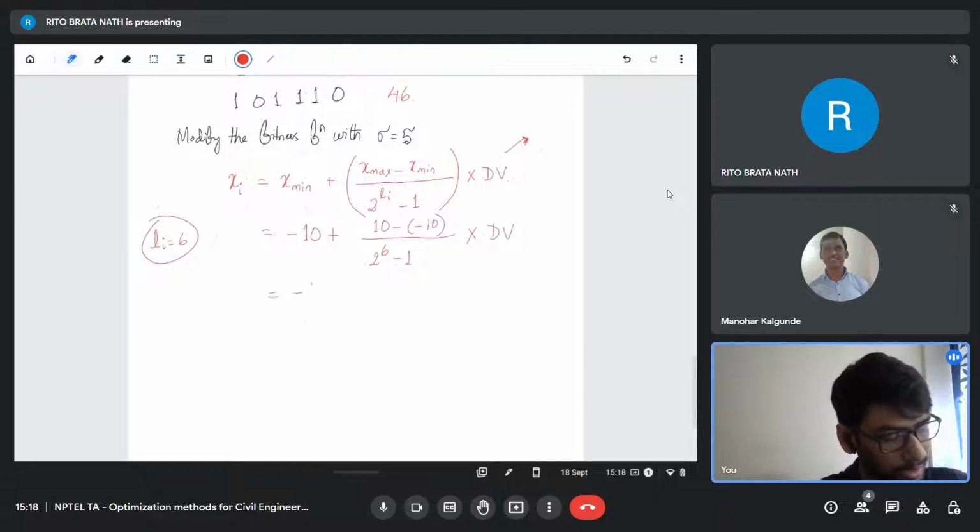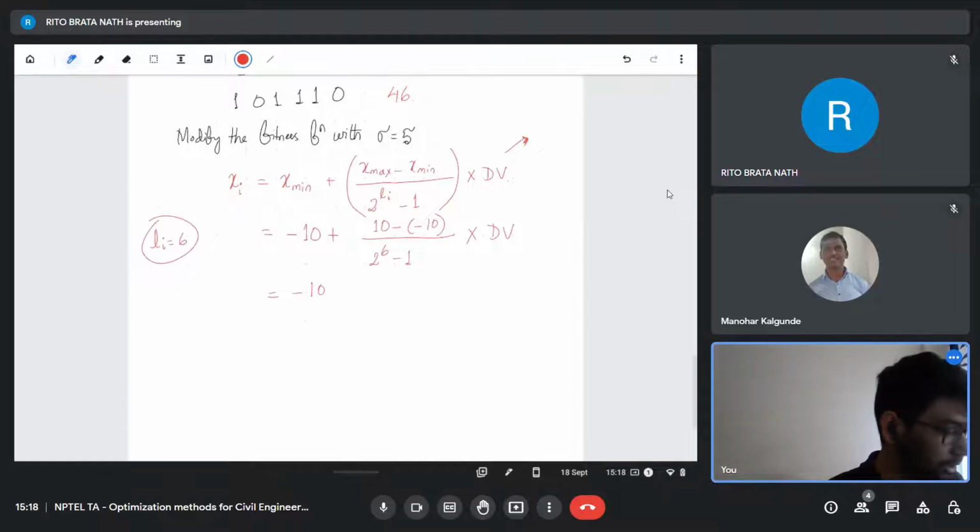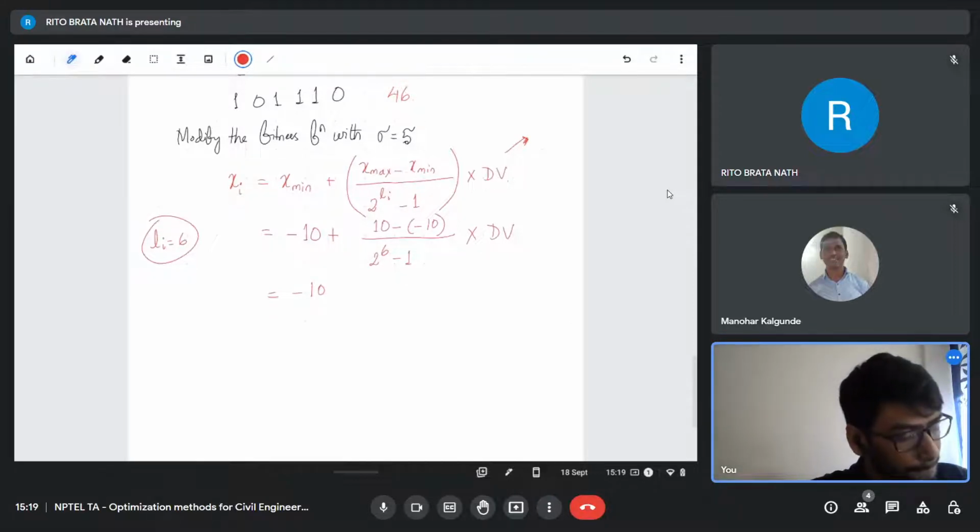If I just write a simpler expression for this precision factor, 2 to the power 6 minus 1, what you'll get is, let me just calculate it, 0.317. So this part is nothing but 0.317 times dv. The numerator is 20 and the denominator is 63, so that's 20 by 63.